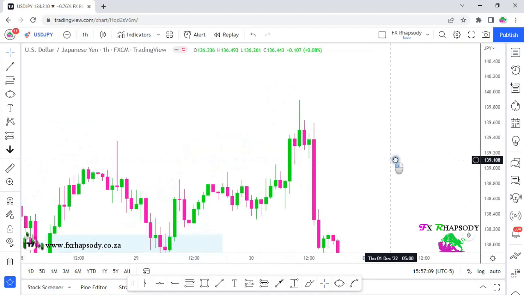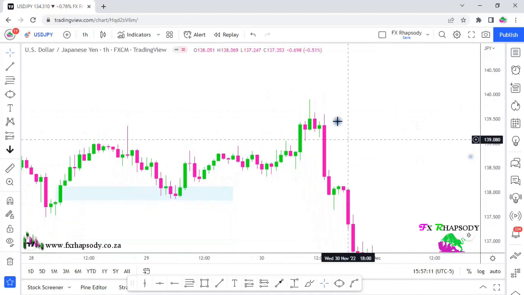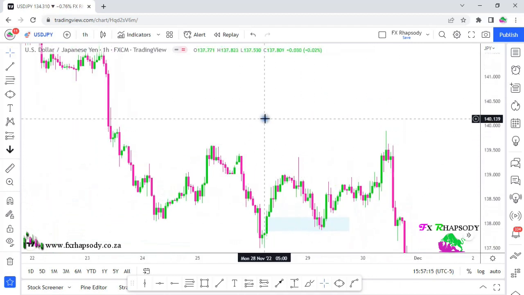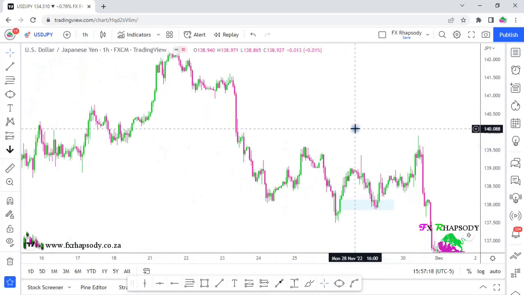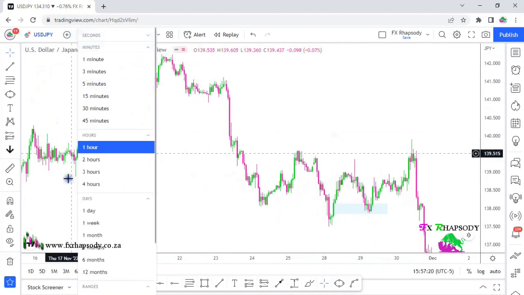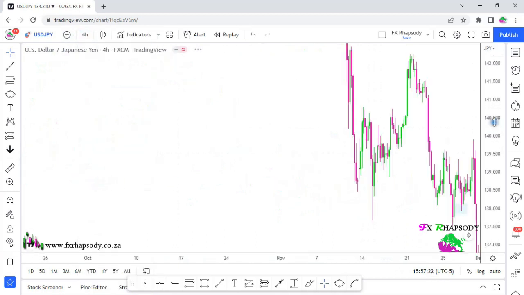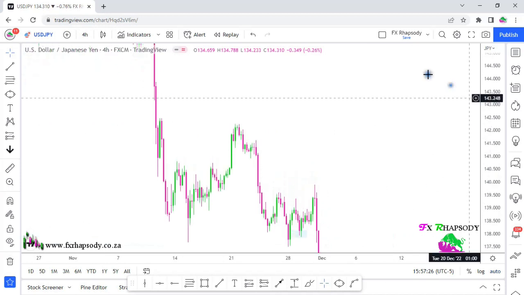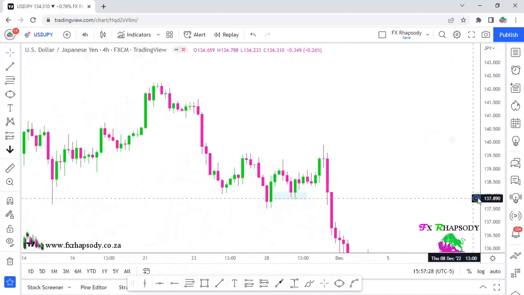And then obviously the big drop happened. Now, to be honest, for me, I mean, if I zoom out, I actually want to go to the 4-hour time frame to show you this, because there was no opportunity. Just going to zoom in a little bit.